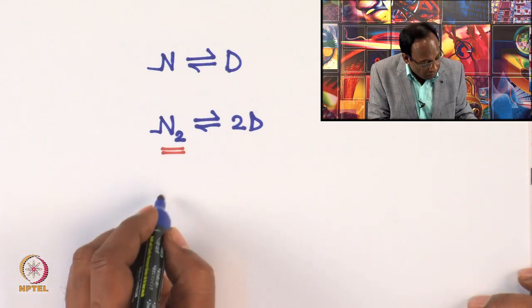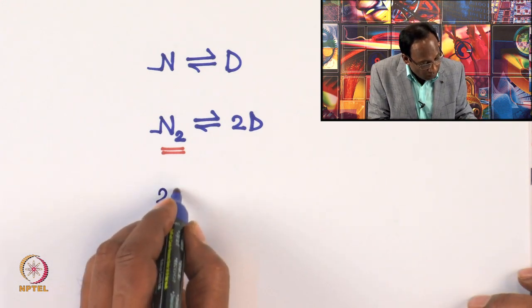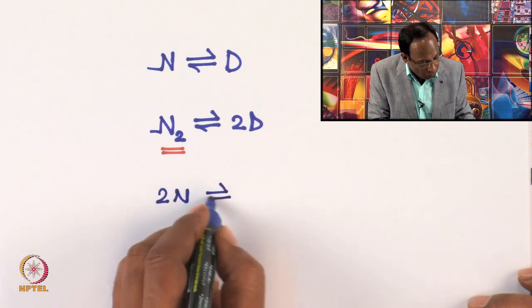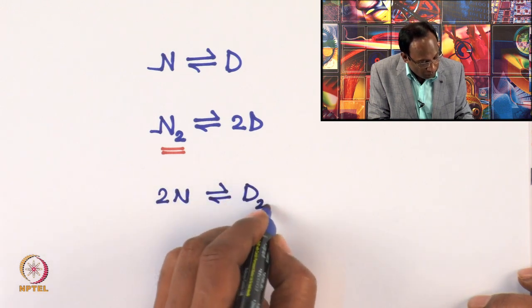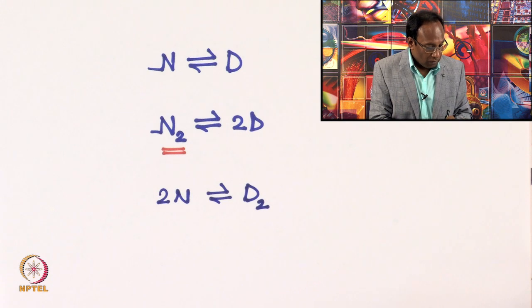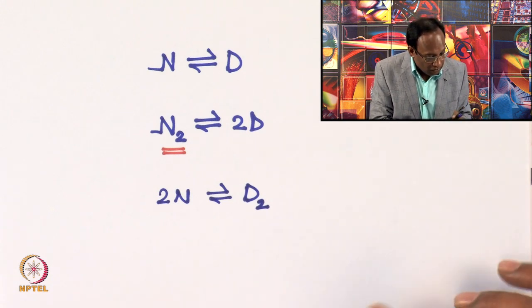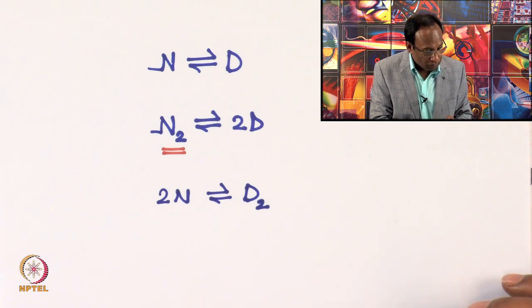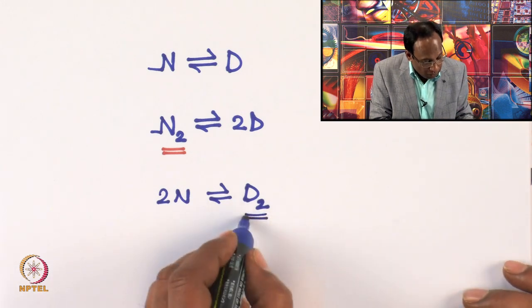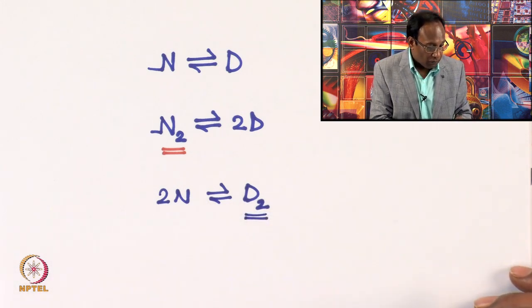Now, if I consider 2N going to D2, what happens if you increase the concentration? The Le Chatelier principle says that this should be favored.